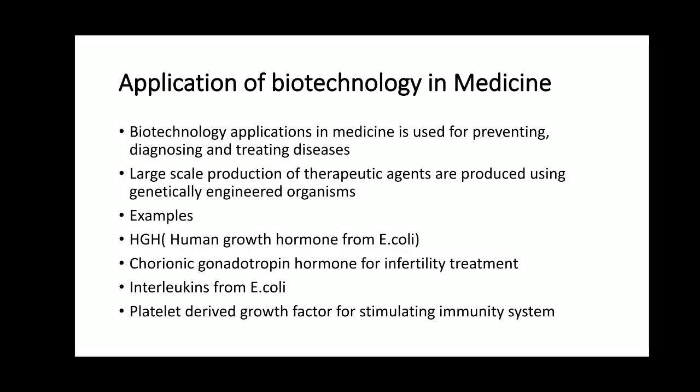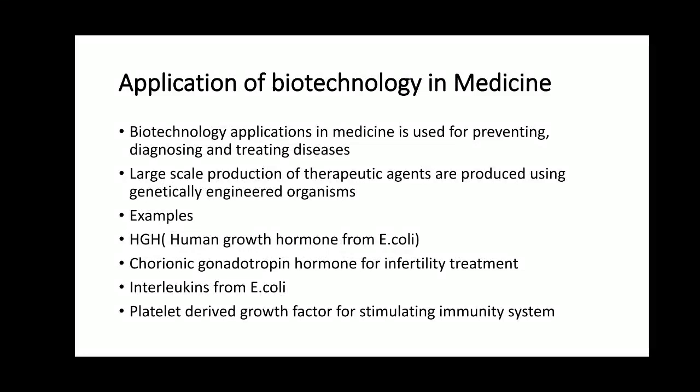Interleukins are produced in E. coli cells via genetic engineering, and they are used for stimulating the immune system. Platelet derived growth factors are produced by recombinant DNA technology and are used for stimulating wound healing by clotting the blood.